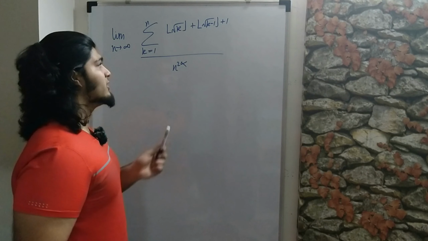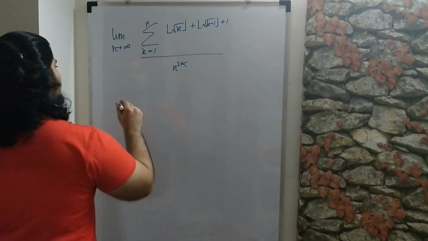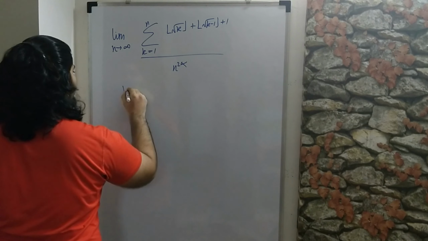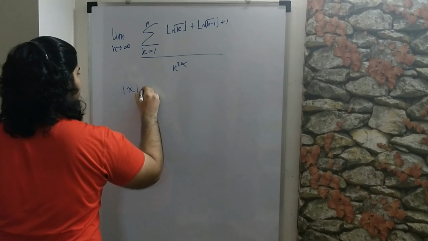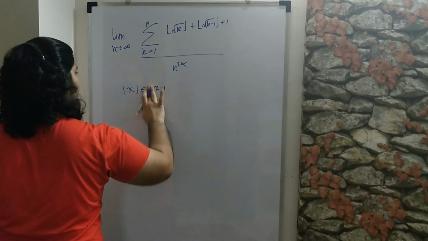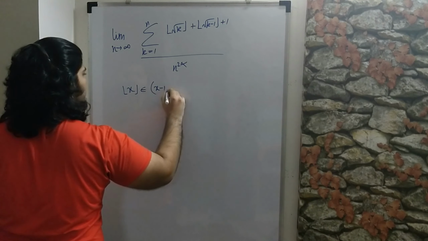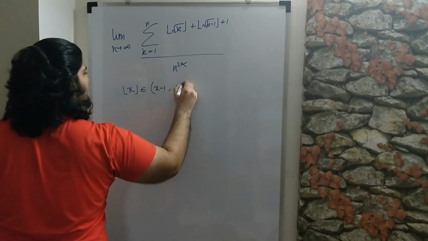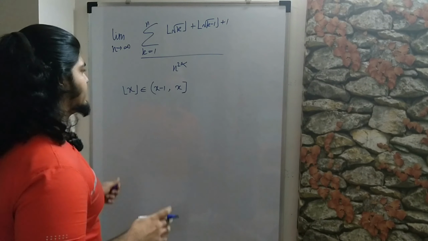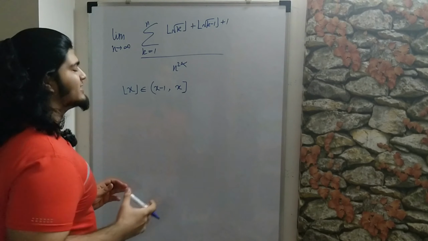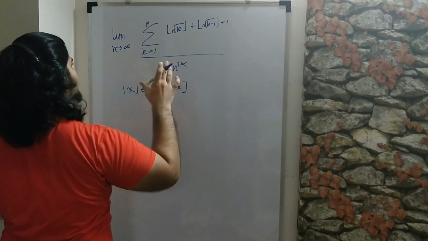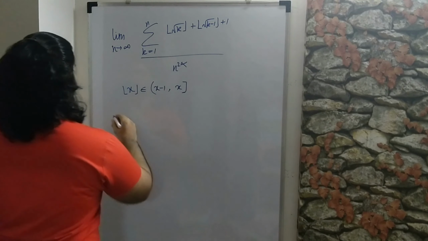So what we'll do is this: floor of any number x is between x minus 1, so it can't be equal to x minus 1, and x. So this is the bound for floor of x. So can I say, using the sandwich theorem, that this limit is between two limits?